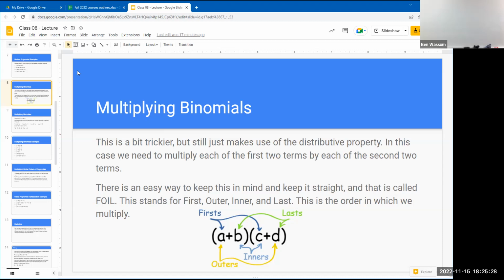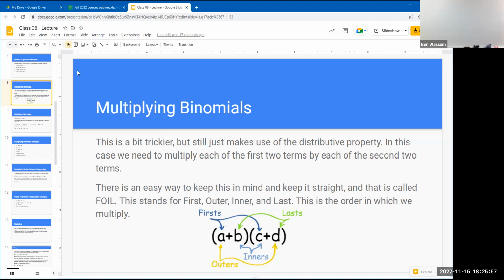Now, I don't necessarily teach it exactly that way. It's just a good way to keep these ones in mind. So if you notice there, it stands for first, outer, inner, and last, which means the first thing you do is multiply both of the first terms inside those binomials together. Then you do the outer ones.